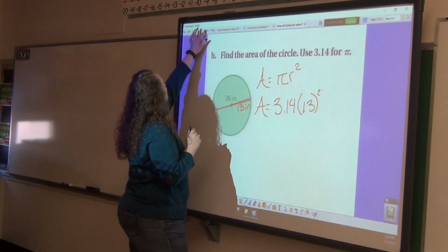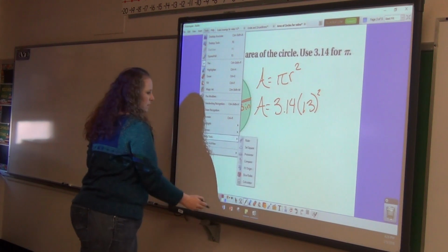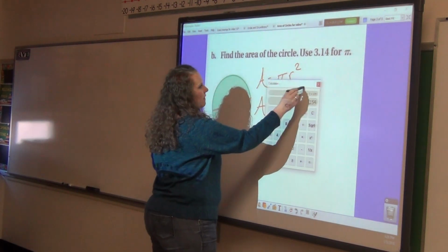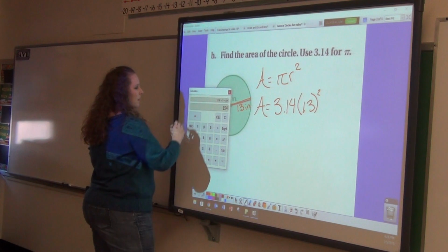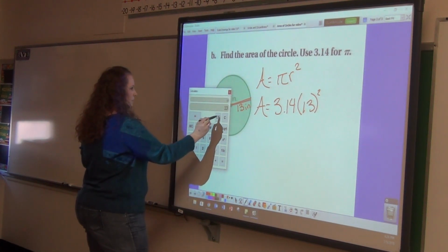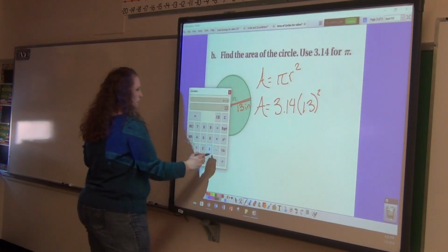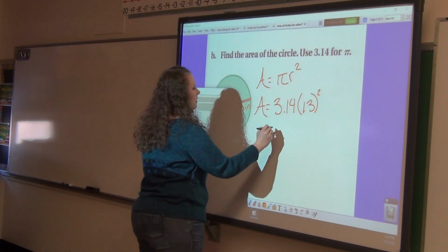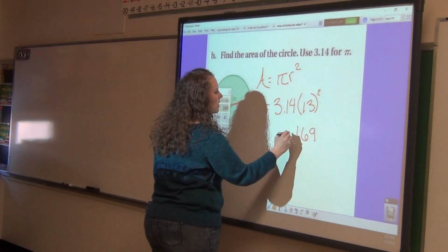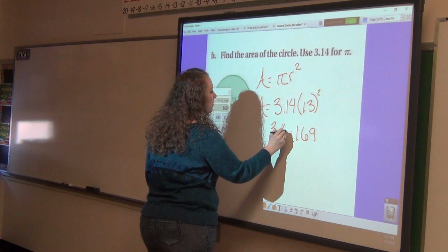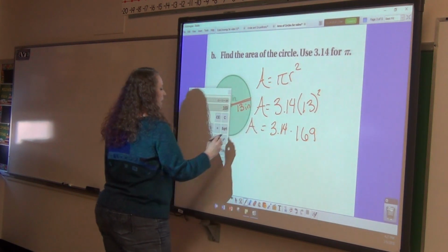All right. Let's put this over here. 13 squared is 169. We're going to times that by 3.14, and that is going to give us our area.